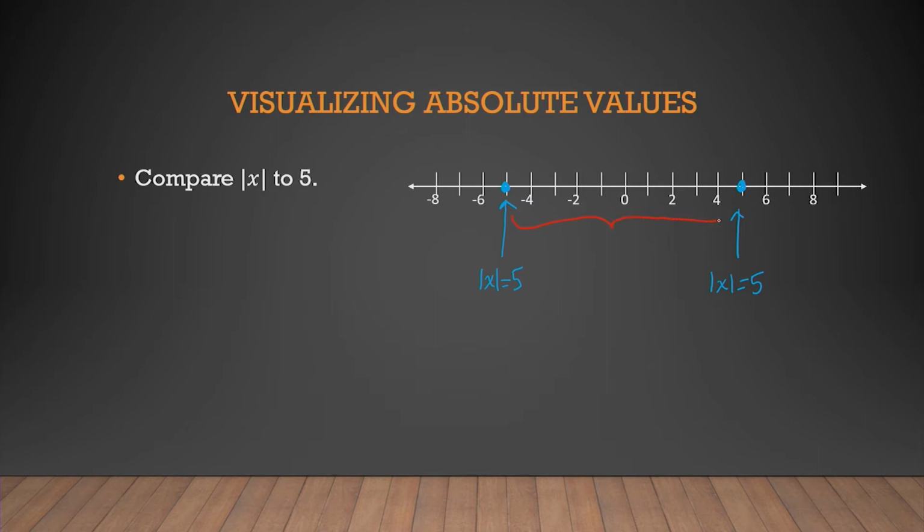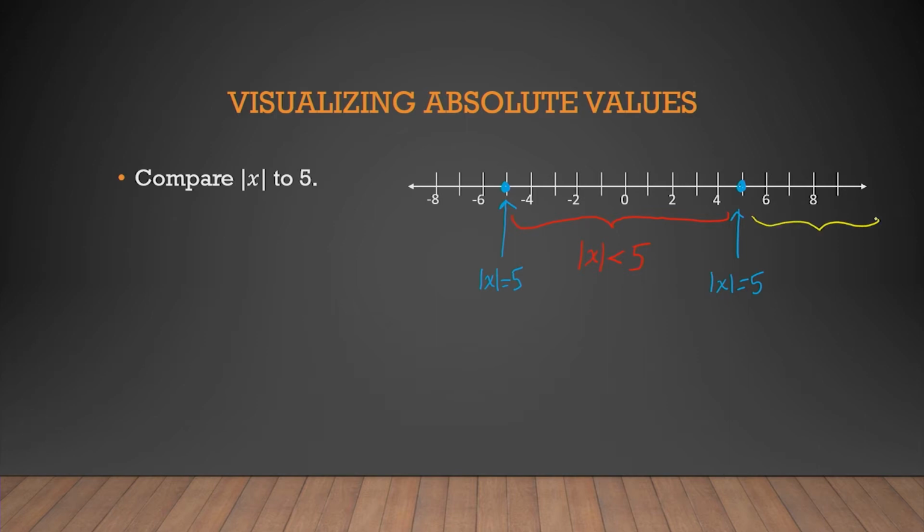Now, for this set of numbers that's between negative 5 and 5, each of those numbers is less than 5 units away from 0 on the number line. So the distance between x and 0 for those numbers is less than 5.